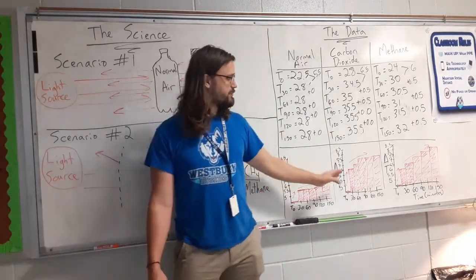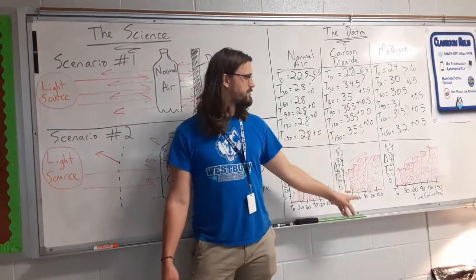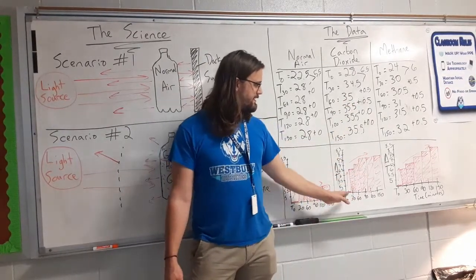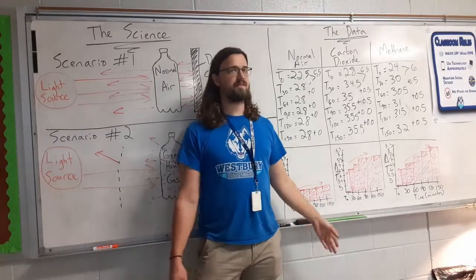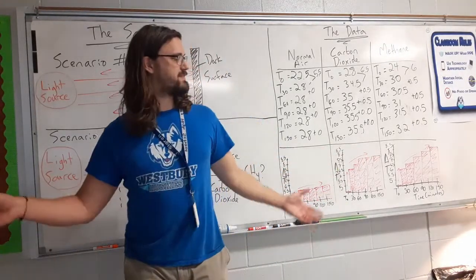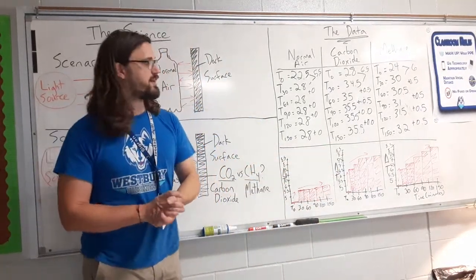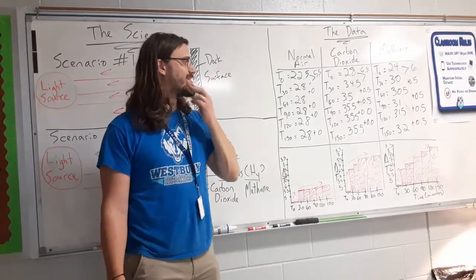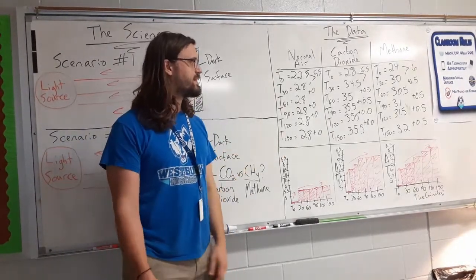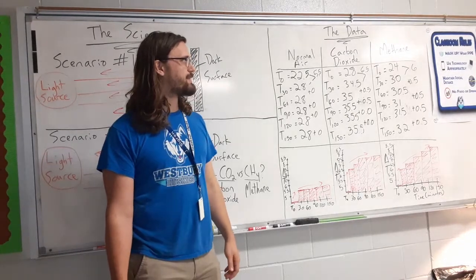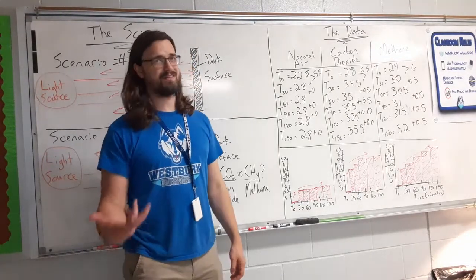Carbon dioxide increased by even more, 7.5 degrees overall in the end, and it even leveled off at the end. And methane was really just a little train that just kept chugging along, increasing pretty consistently, and ended up at plus 8 degrees.